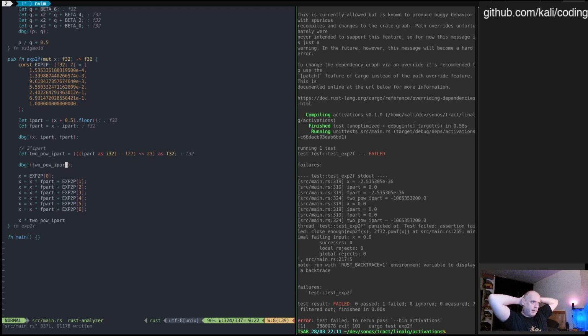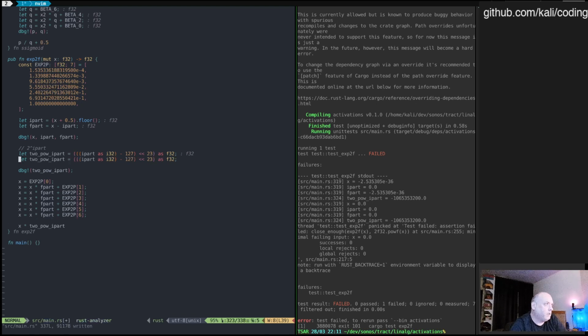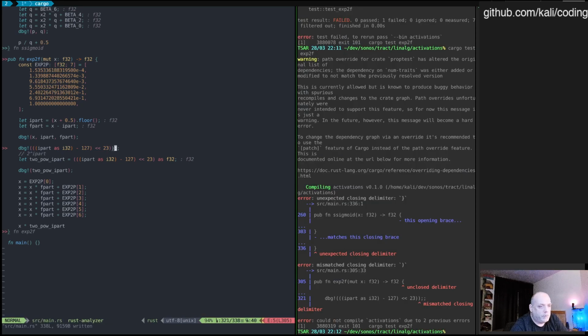So I part as i32 will be 0. Minus 127 will be minus 127. Offset 23 times to the left. Let's see what that is. So this should be an integer. It will be a value impossible to interpret.